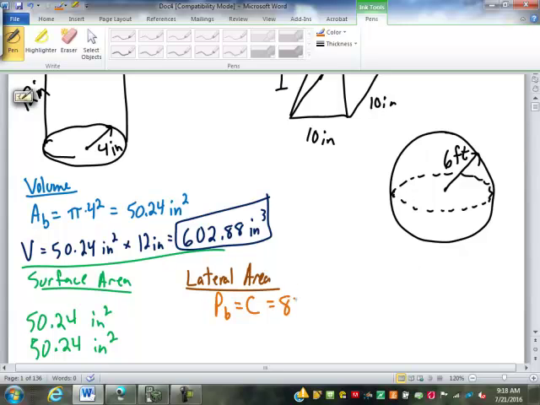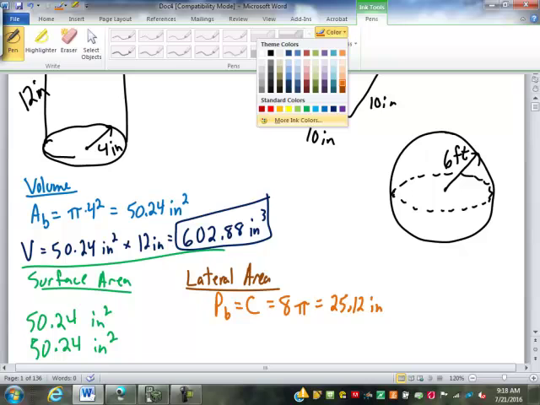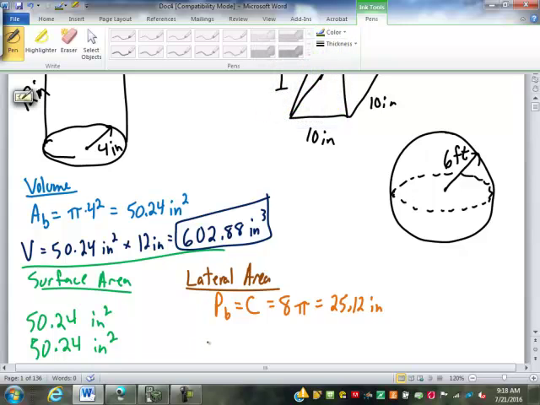So that is going to be 8 times pi. Where'd my 8 come from? Diameter, double the radius, double the 4, which is going to be 25.12 inches. So that my lateral area will be that 25.12 inches times my height of 12 inches, otherwise known as 301.44 square inches.